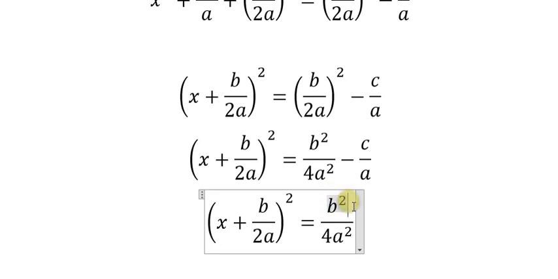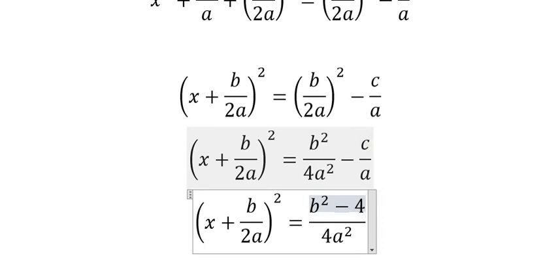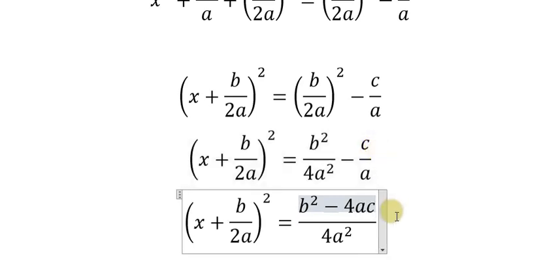Then since it's a difference, minus 4a squared times the c, multiplying this. We have a at the bottom here, so one of the a we take away, so we are left with 4ac at the top there. So 4ac.